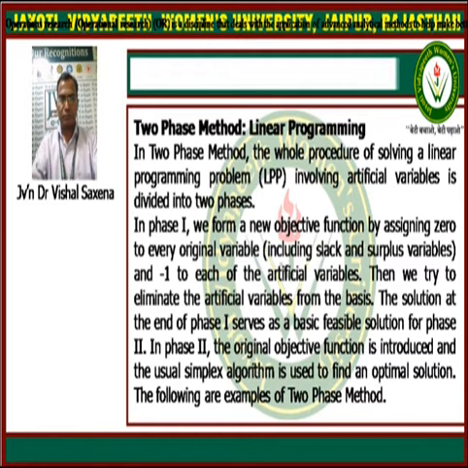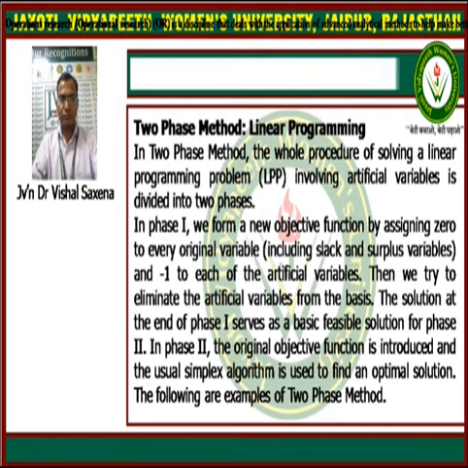Here the two-phase method is given. In the two-phase method, the whole procedure of solving a linear programming problem involving artificial variables is divided into two phases. As explained, the cost -1 will be assigned to each artificial variable in phase 1, and the rest of the variables except the artificial variables will be assigned the cost 0.